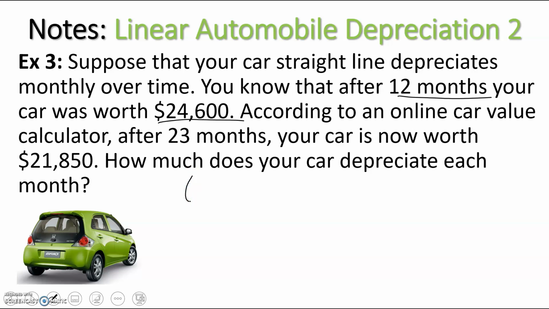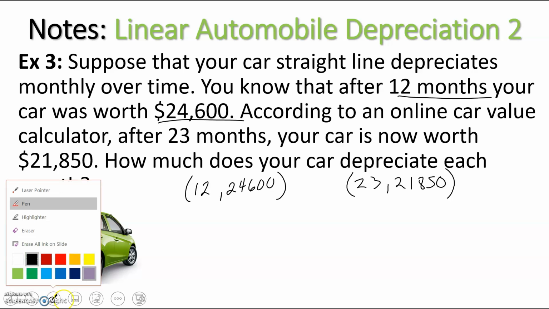So remember, x is time. So at 12 months, we're at 24,600. And at 23 months, we are at 21,850. Now, in order to determine how much it depreciates per month, we simply need to figure out the rate, or the slope of this line.